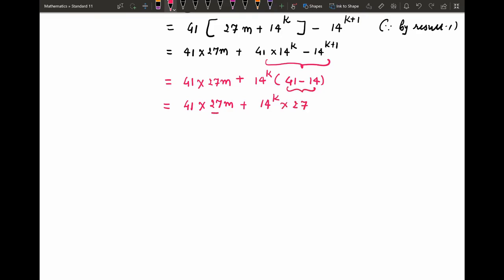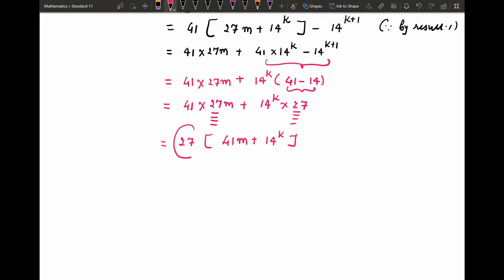Now you can observe from each term we can take 27 common, so when we take 27 common, it will be 41m plus 14 raised to k.